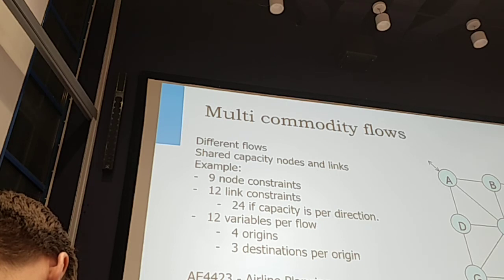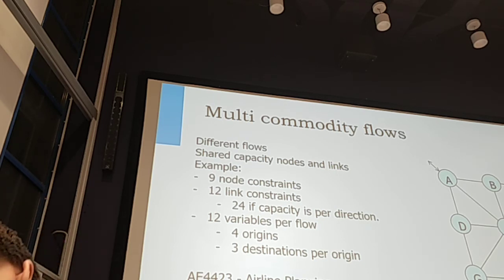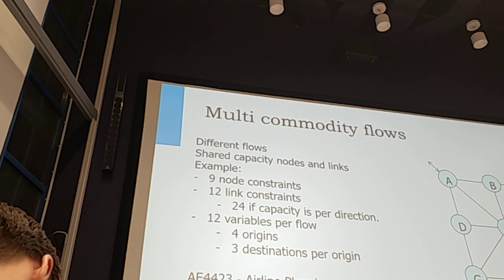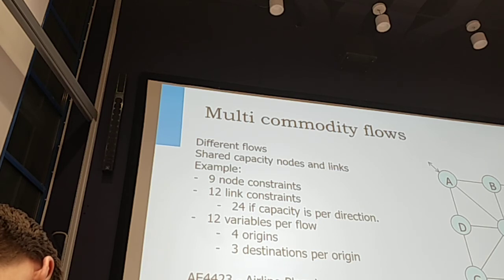Well, if you have the link in 2 ways, we have 24 links, and 12 are there in a single direction. So it means we have 12 variables per flow, 4 origins, 3 destinations. So basically all these are origins and destinations, and in this case we have passengers traveling between this network, and we can analyze this.